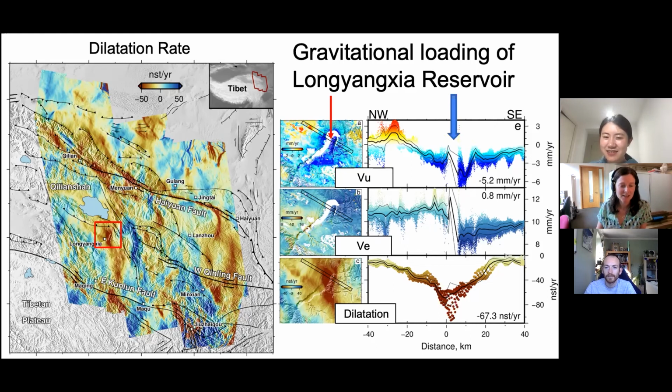And Peter has asked, there are thin-skinned structures detached within the Eocene evaporites, the entire Tibetan Basin. Some are thick-skinned, rooted within the deep basement. Can your model distinguish them somehow? I guess that would require further modeling based on this velocity field.